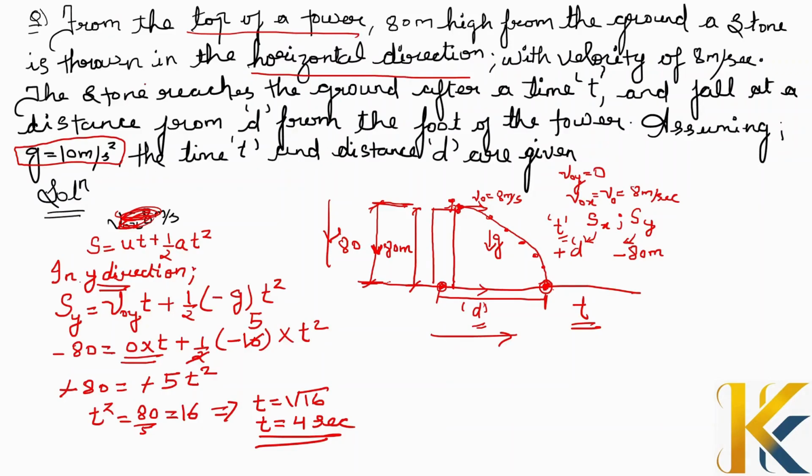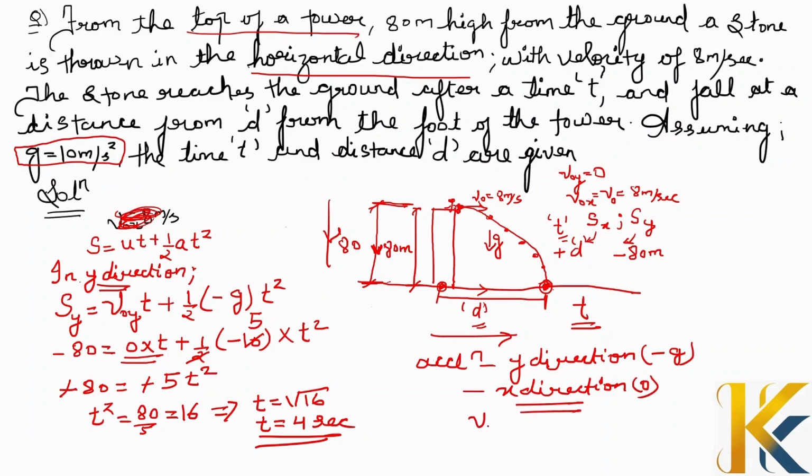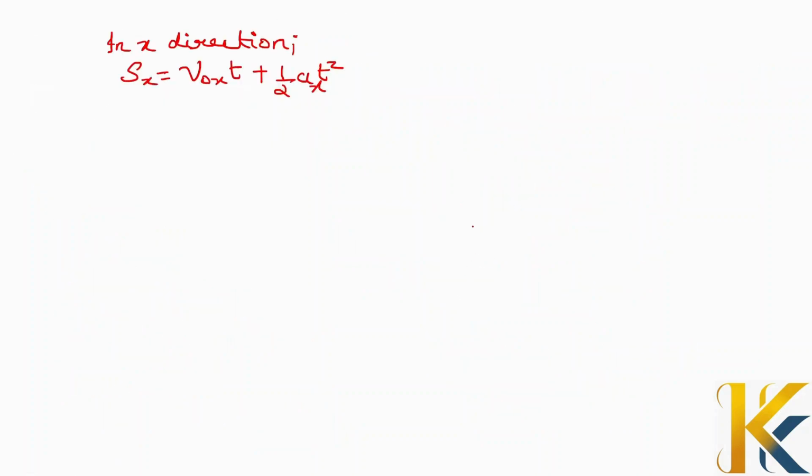You have to understand one thing here. The acceleration is only in y direction. The velocity is changing in y direction. That is minus g. But acceleration in x direction is 0. There is no acceleration. Therefore, velocity is constant in x direction. That you have to understand.